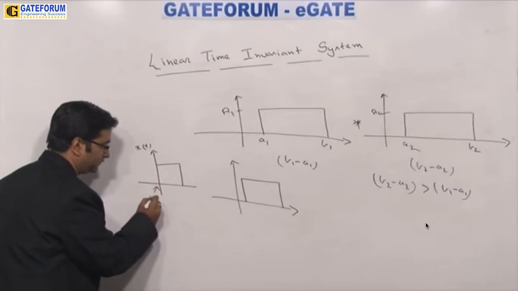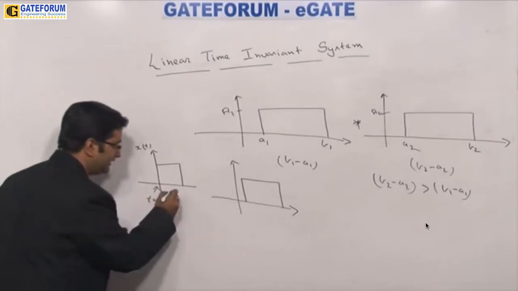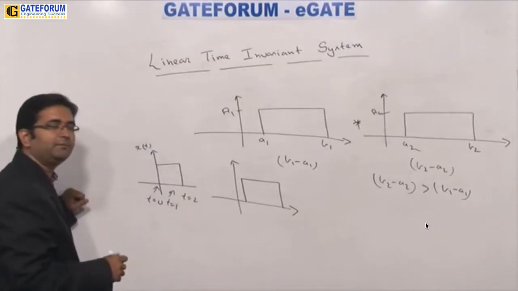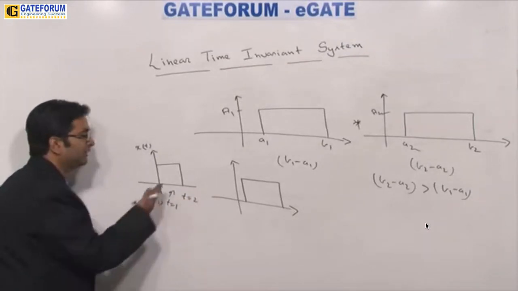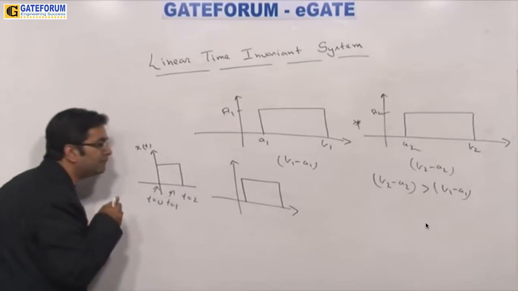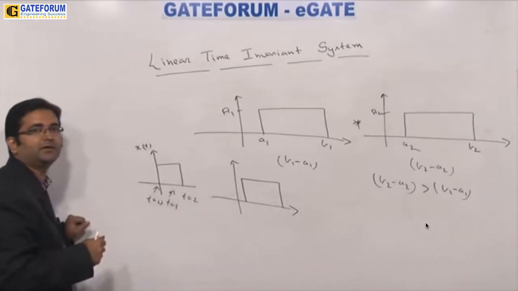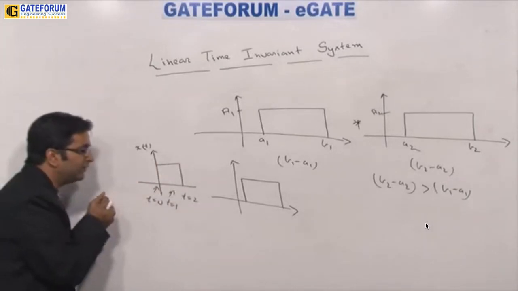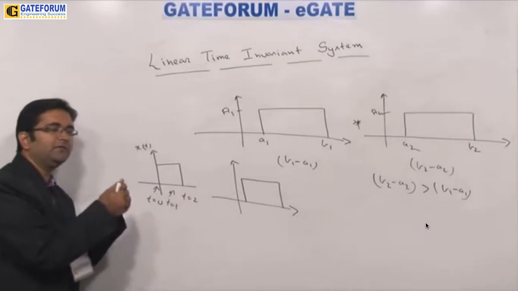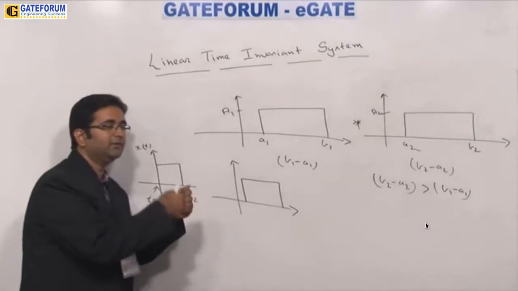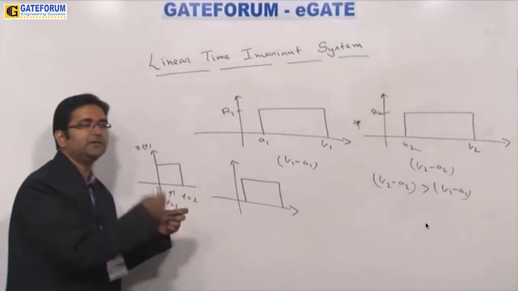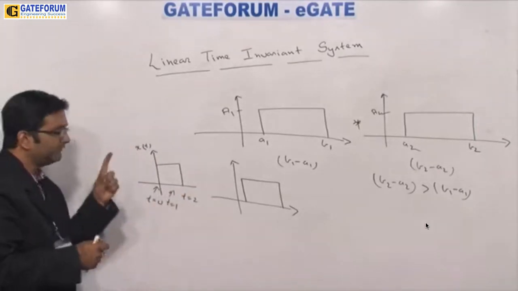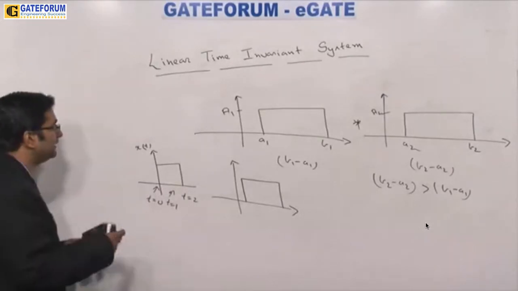First t equal to 0 will go, and then t equal to 1, and then finally t equal to 2, right? That means the one operation which I have to do here is I have to reverse this, and then insert it into the system. I have to first reverse it, and then after reversing it I have to insert it into the system, so that one by one all the inputs can go into the system, they can be processed, and finally the output can be given outside. Okay, this is the thing which I want to do. So the first operation involved in convolution is the time reversal operation.